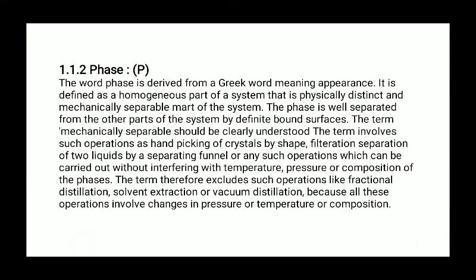What is meant by phase? Phase is denoted with the help of the letter P. The word phase is obtained from a Greek word meaning appearance. It is defined as the homogeneous part of a system that is physically distinct and mechanically separable part of the system.